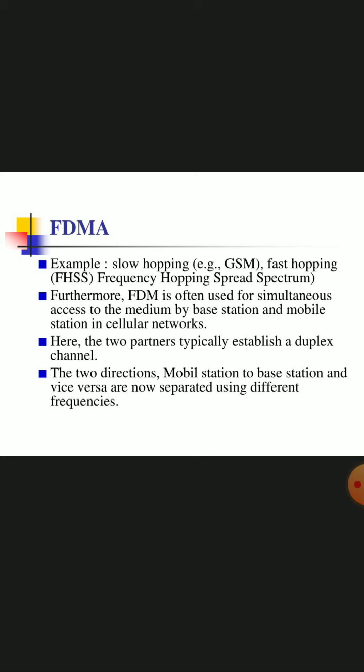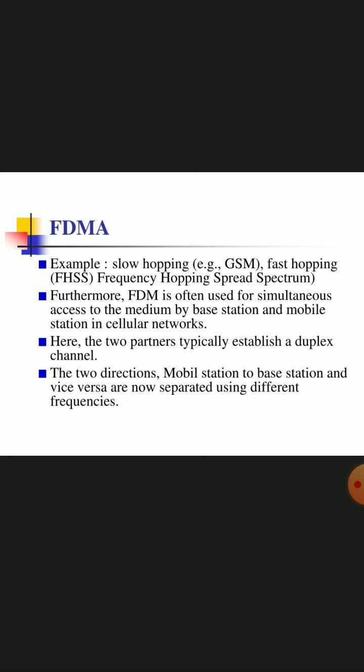All of you know that many printers may be available for one system, but they are activated one by one. Similarly, base station and mobile station access the medium in a cellular network.